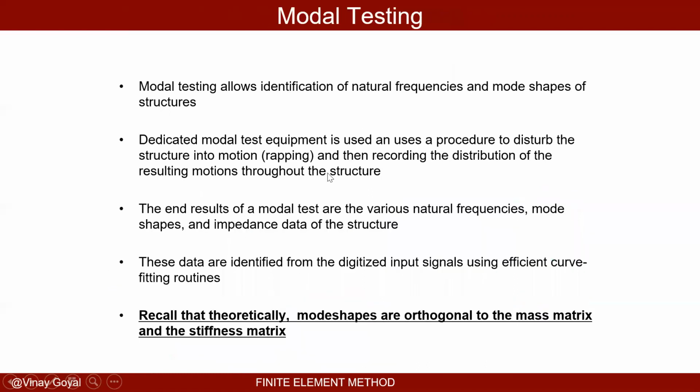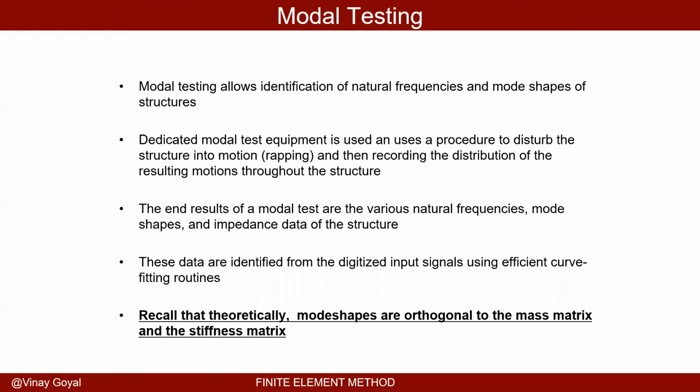So dedicated modal test equipment is used to disturb the structure into motion. That's called wrapping. And then you will record the distribution of the motions throughout the structure. The end results of a modal test are the various natural frequencies, mode shapes, and impedance data of the structure. These data are identified from digitized input signals using efficient curve fitting routines.